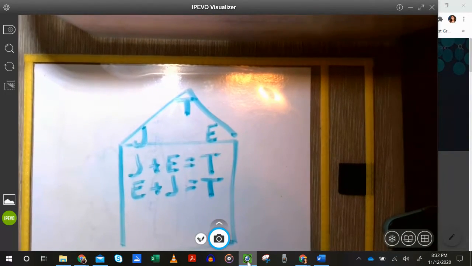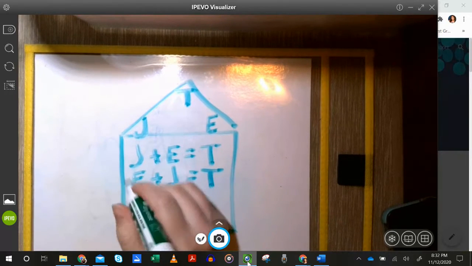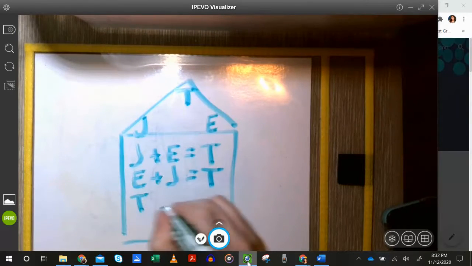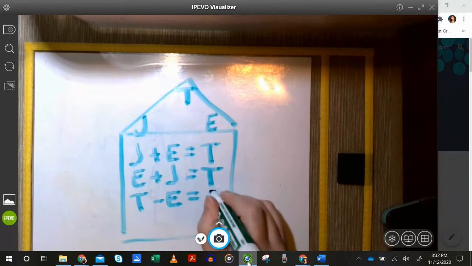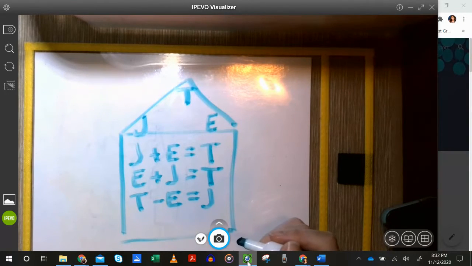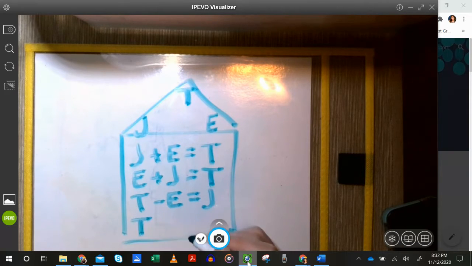And then we talked about how sometimes they have to leave their house. So if the Turners are at their home and Emily goes away to work, Jackson could still be at the house. And if the Turners are at their home and Jackson goes to school, then Emily might still be at the house.